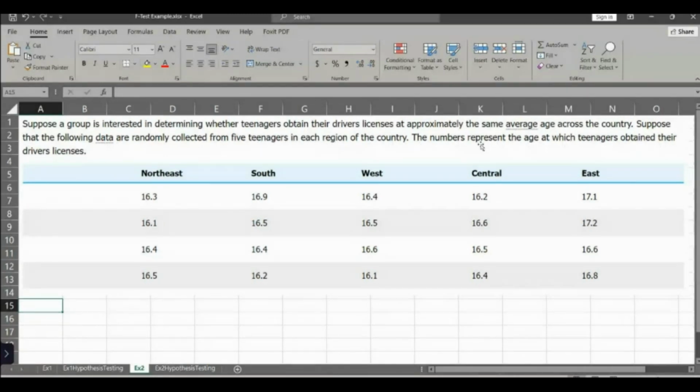The numbers represent the age at which teenagers obtained their driver's licenses. So again, the country is divided into 5 regions: Northeast, South, West, Central, and the East region.